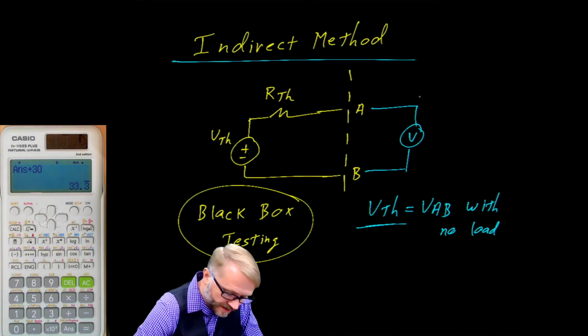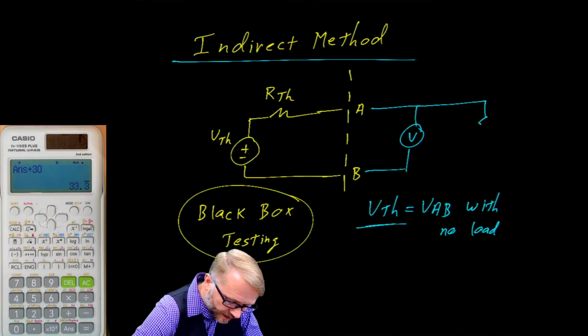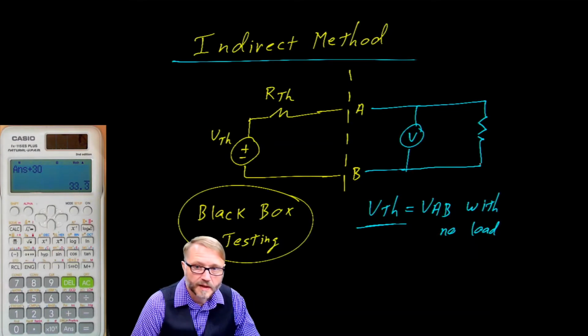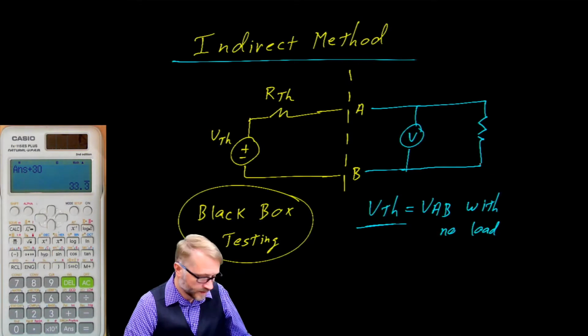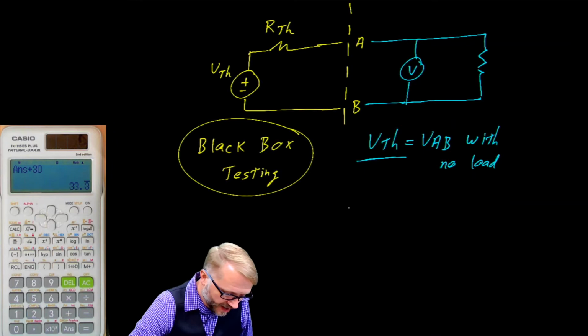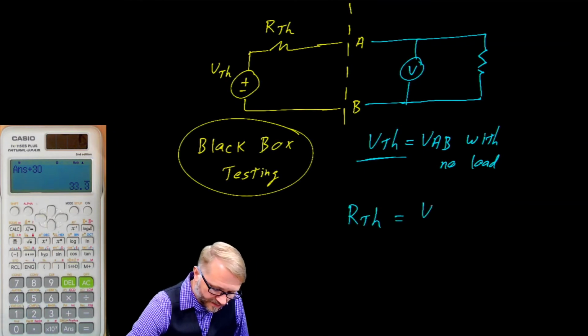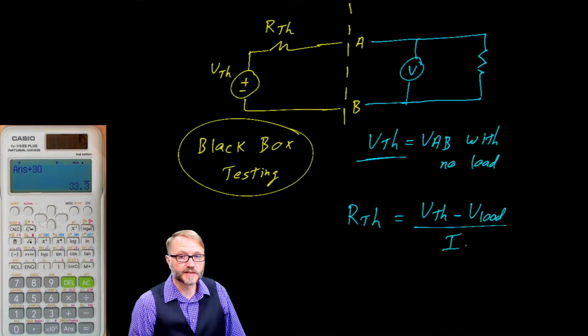The next step is to add a load to your circuit. Either a known resistance or you'll need a current meter in there. And then we'll make a statement. We'll say that the Thevenin resistance is the voltage Thevenin minus the voltage when there's a load applied, divided by that current.